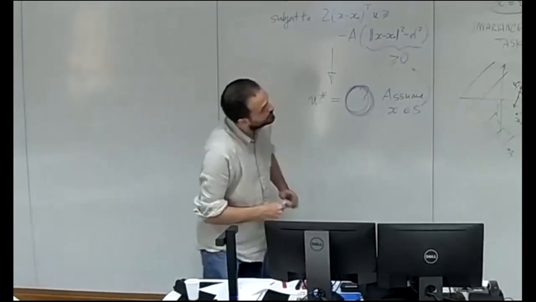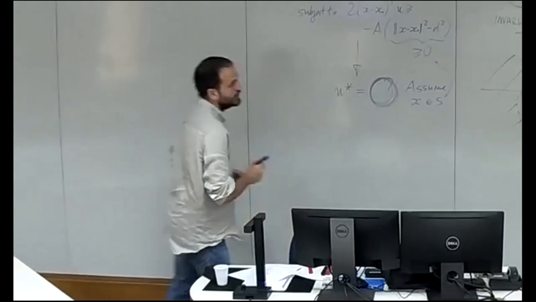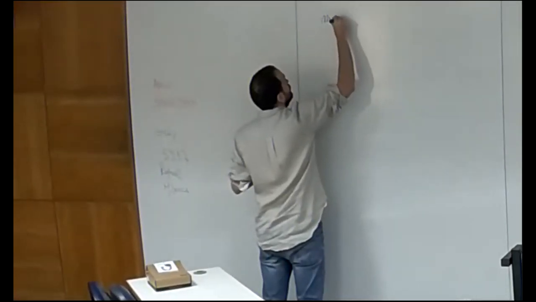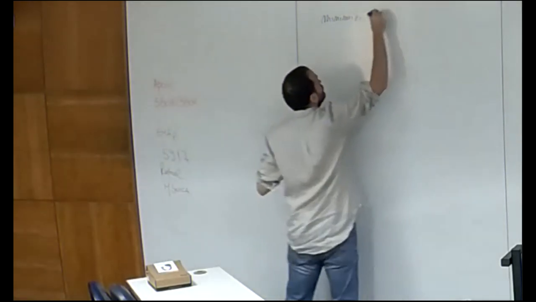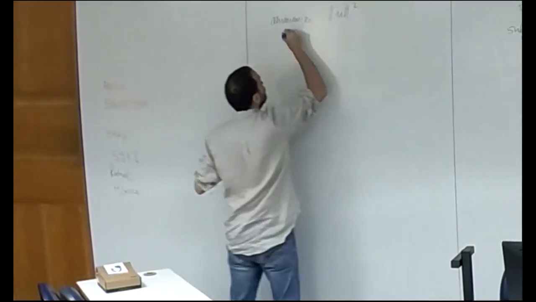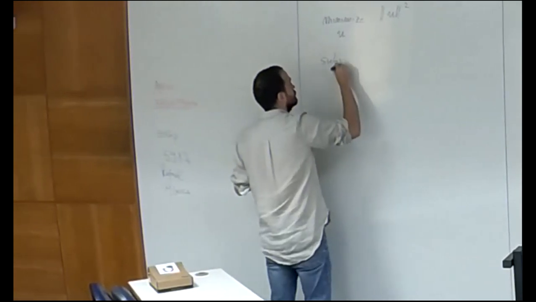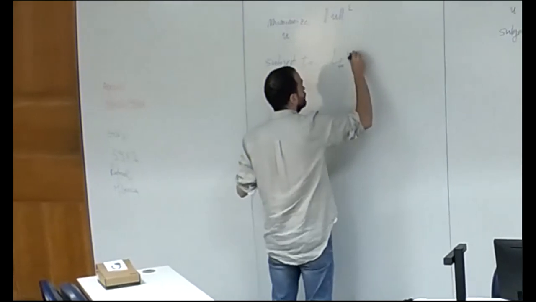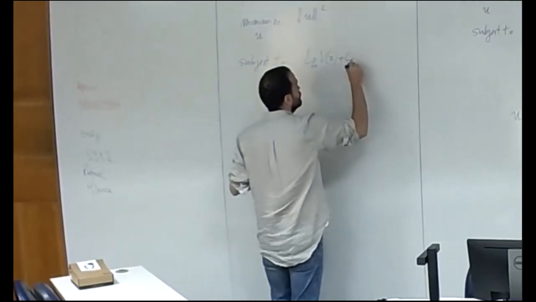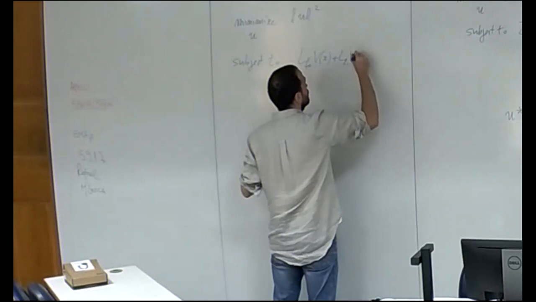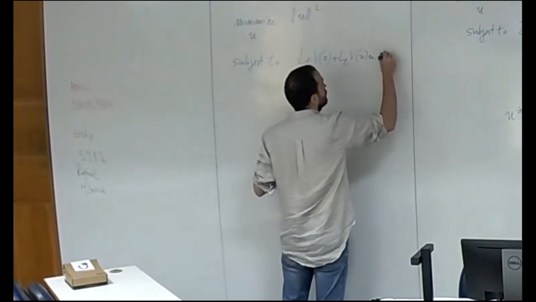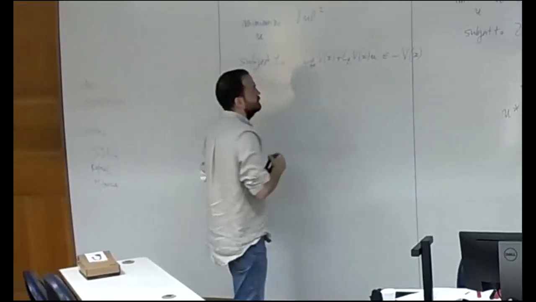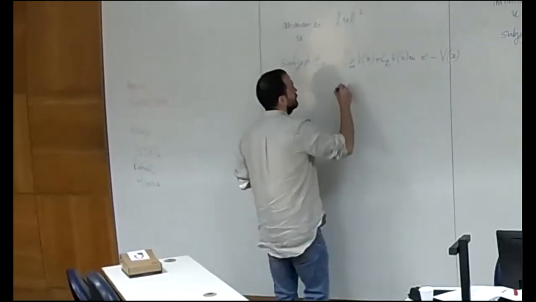The solution is the following. Now let's write in general: minimize the norm of U squared, subject to, what do we have? We have LF0 V plus LF1 V times U less than or equal to minus alpha V, for the stability.